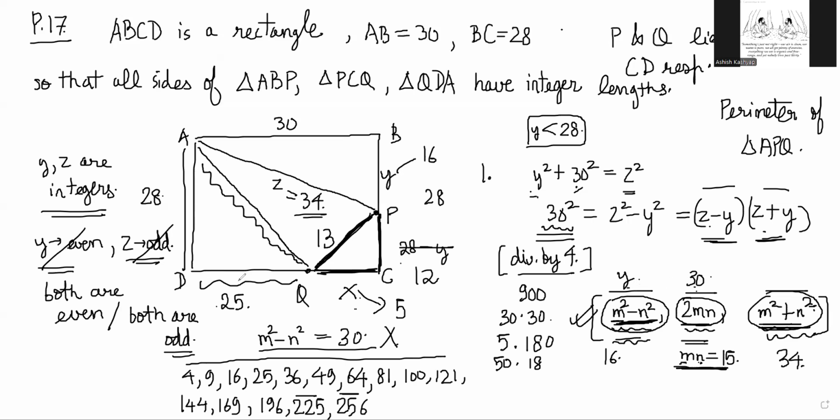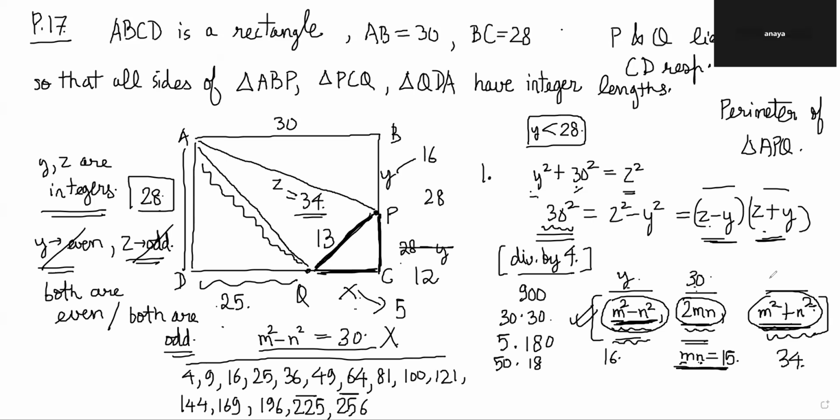25 and 28 means 2mn is 28 then, right? 2mn cannot be 25, obviously. So mn is 14. That means m and n are 7 and 2, right? So notice that m square minus n square, 14, 7 and 2 doesn't seem to work. Let's find the Pythagorean triplets for this one. If we know 25 and 28, we should be able to find it by the same characterization also.